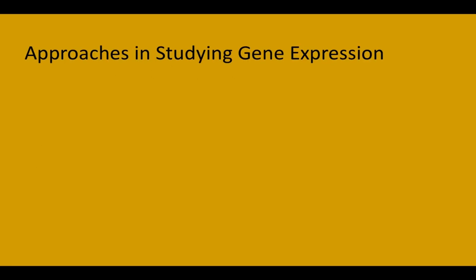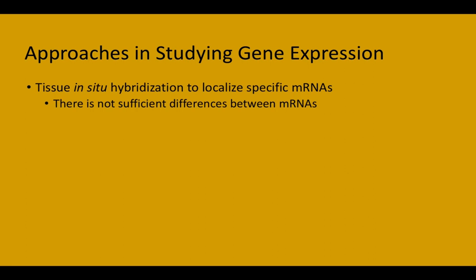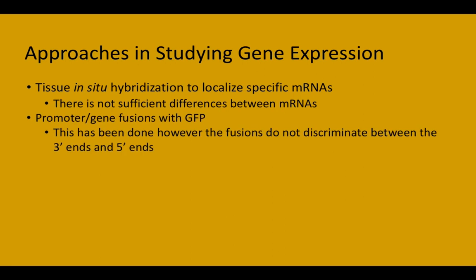We have a few different potential approaches to study gene expression. One option is tissue in situ hybridization to localize specific mRNA. In our case, there is not sufficient differences between mRNAs to utilize this method. We could also use promoter or gene fusions with GFP, and this has been done before.